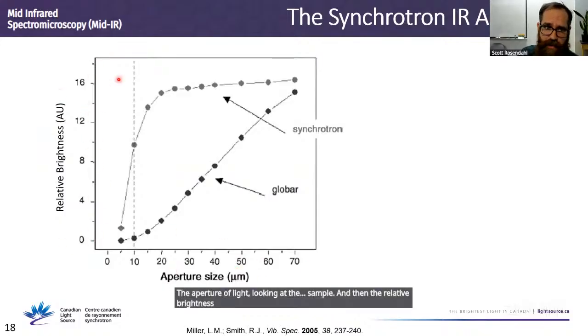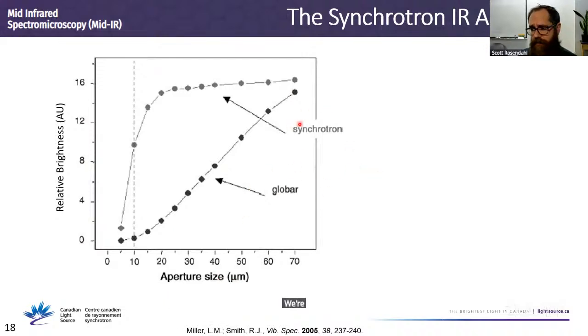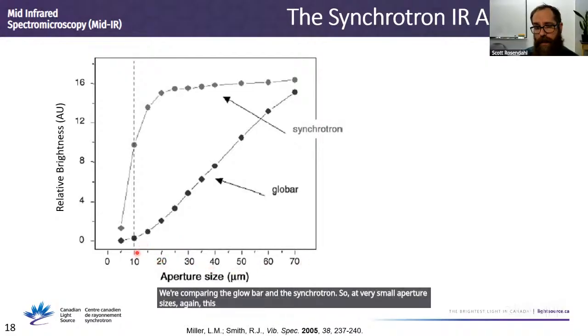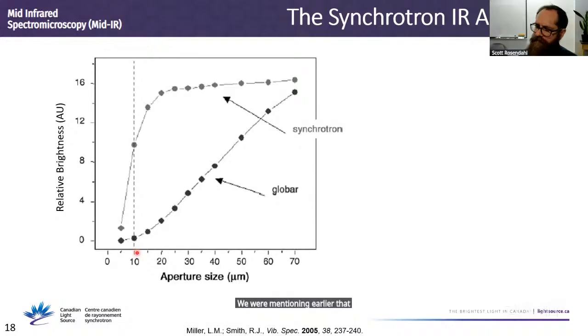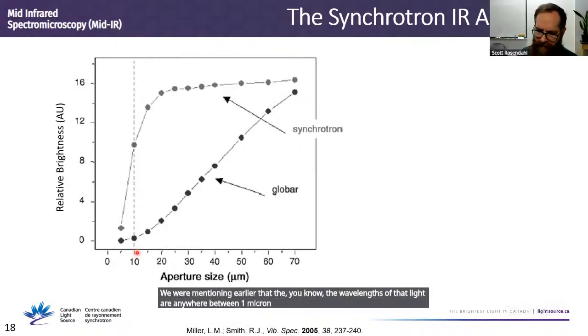This is just an idea of where things are at. We're comparing the glow bar and the synchrotron. At very small aperture sizes, you start to think about mid-infrared light. We mentioned earlier that the wavelengths of that light are anywhere between 2.5 microns and 25 microns.